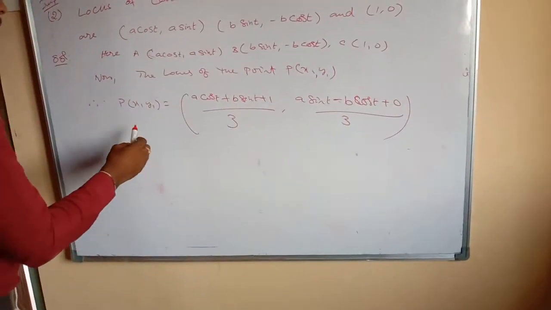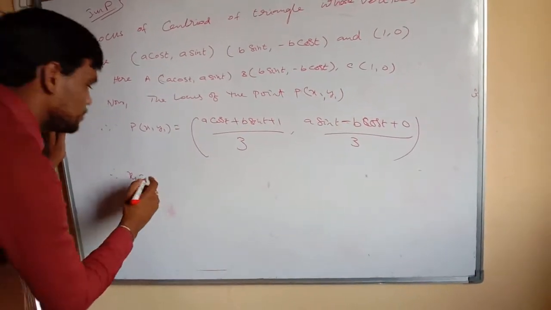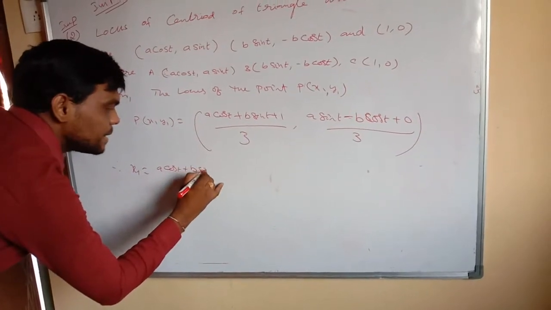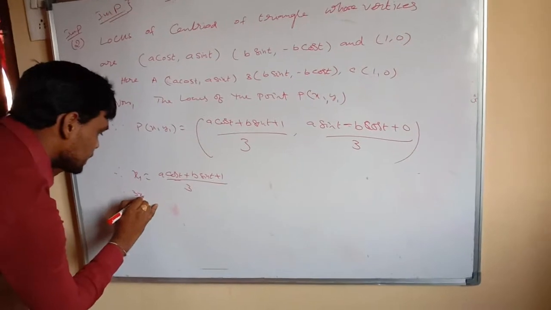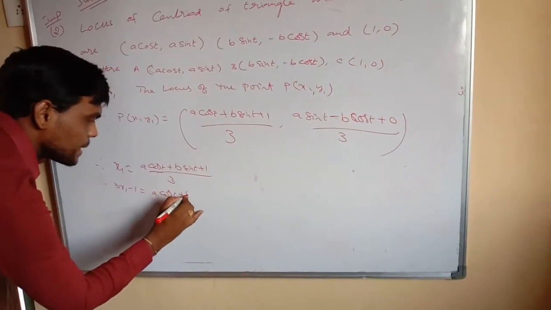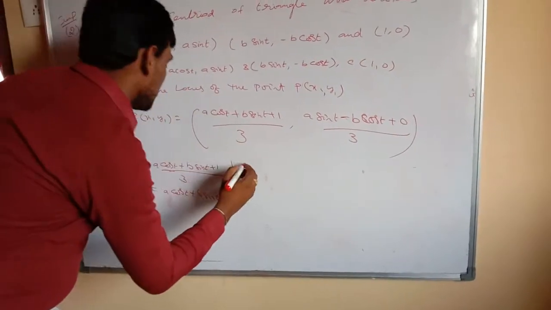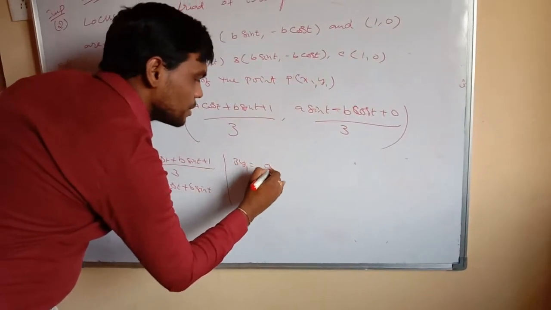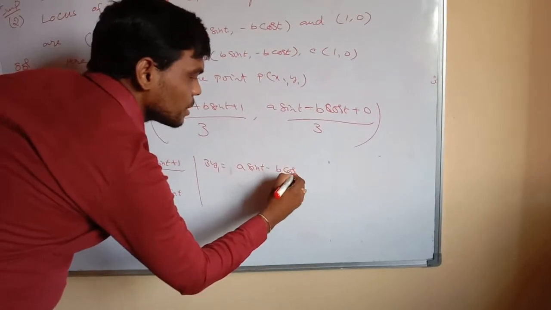Now equating x coordinates and y coordinates, x1 is equal to (a cos t plus b sin t plus 1) by 3, and therefore 3x1 minus 1 is equal to a cos t plus b sin t. And for the y coordinates, 3y1 is equal to a sin t minus b cos t.